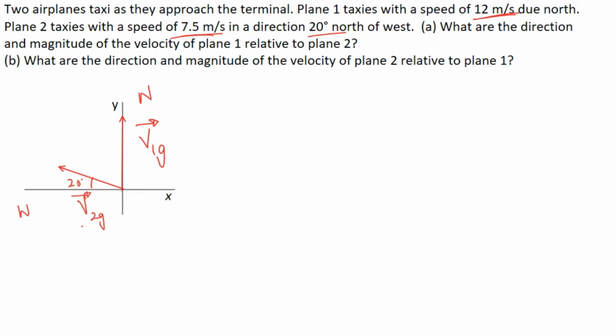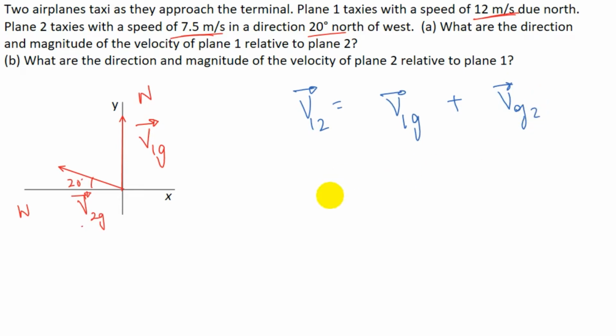Now there are two parts in this question that we need to solve. In the A part, we need to find the direction and the magnitude of the velocity of plane 1 relative to plane 2. It's a pretty simple question and we have solved multiple questions like this. The velocity of plane 1 relative to 2 is equal to the velocity of plane 1 relative to ground plus the velocity of ground relative to plane 2.